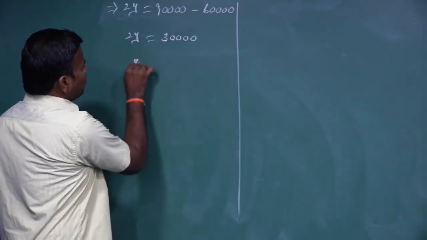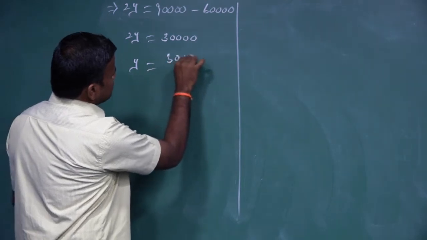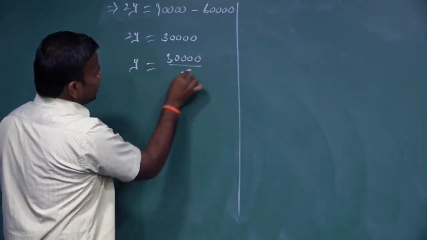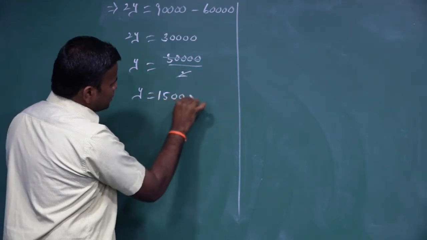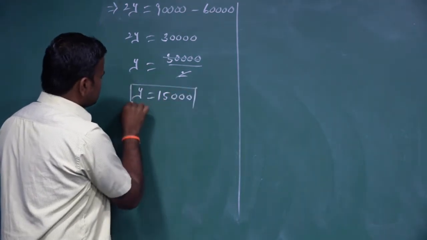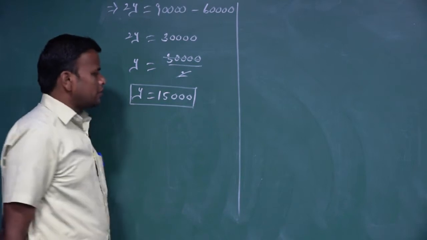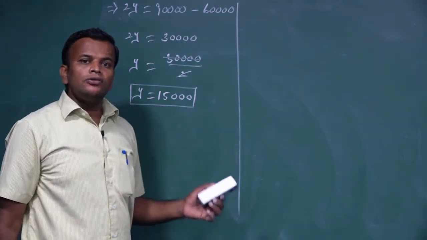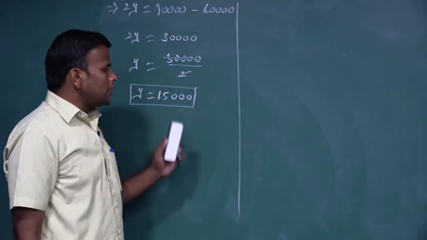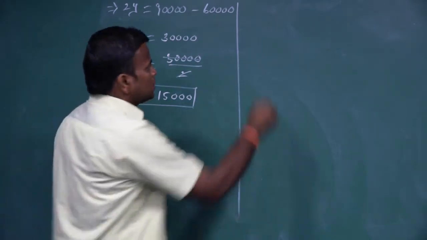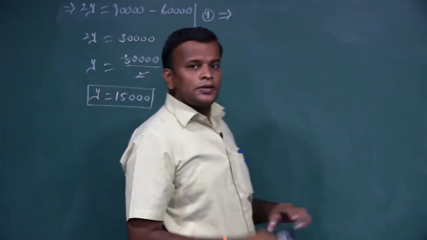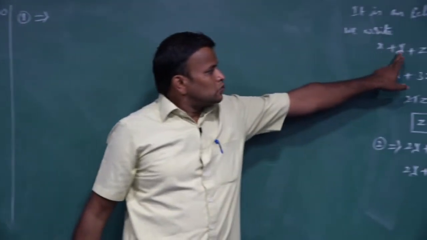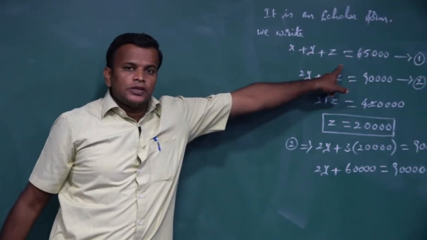So the value of y is 30,000 by 2. We cancel, we get the value of y is 15,000. We found the value of y also. Now using the values of z and y in the first equation. So the first equation gives x plus y plus z is equal to 65,000.